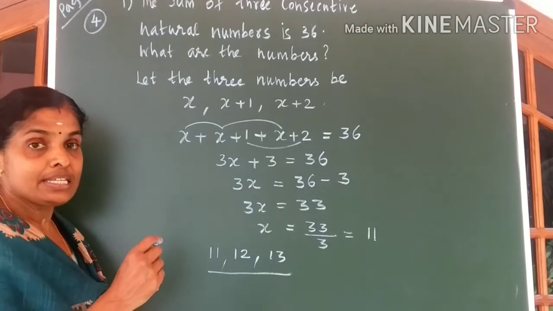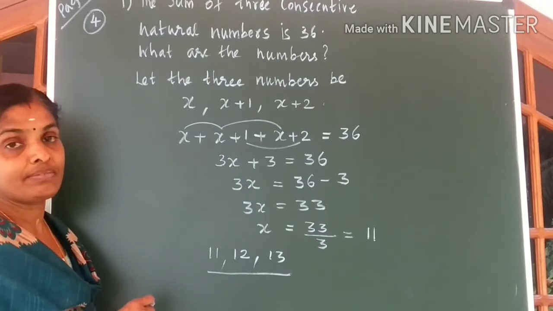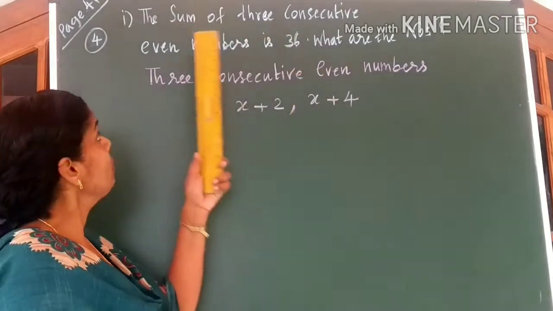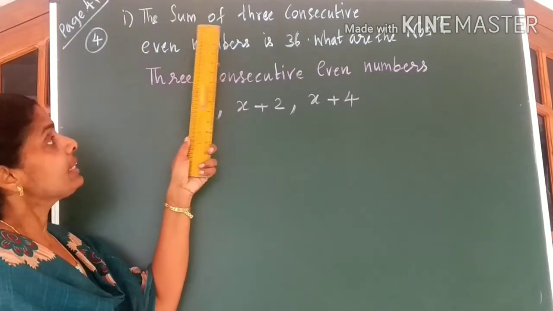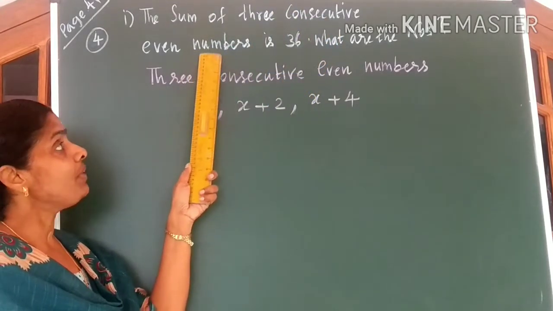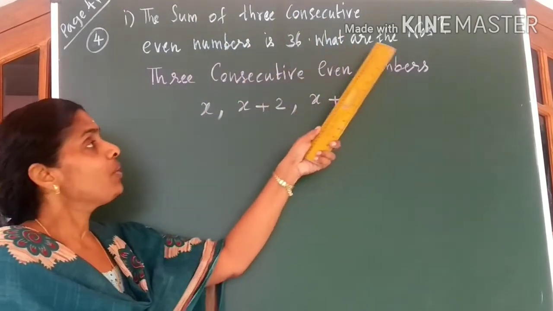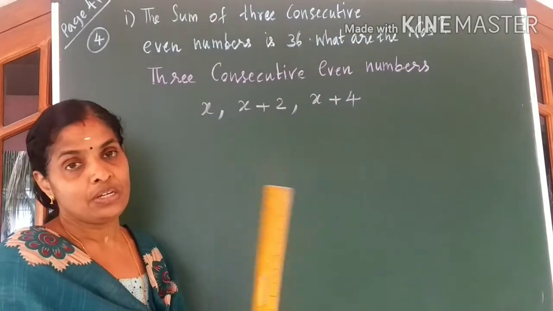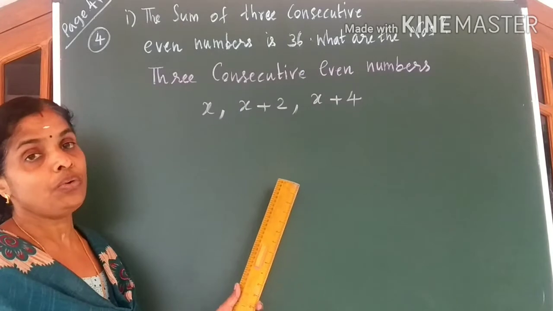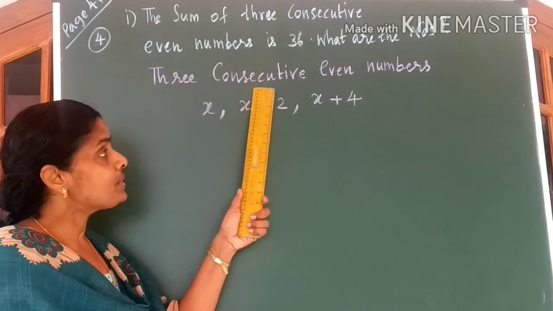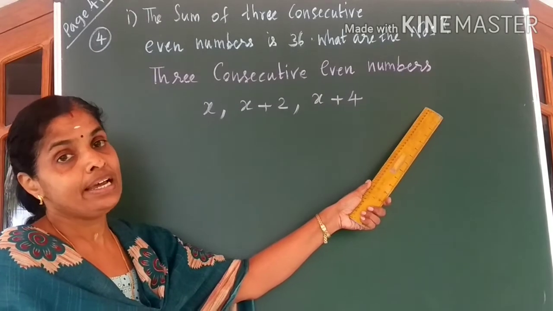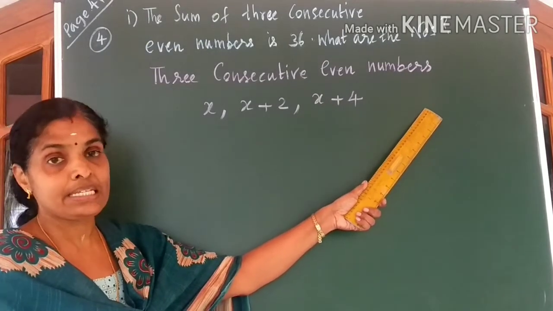Look at the second part of the fourth question. The sum of 3 consecutive even numbers is 36. What are the numbers? So children, whenever you are asked to find 3 consecutive even numbers or odd numbers, the condition remains the same.